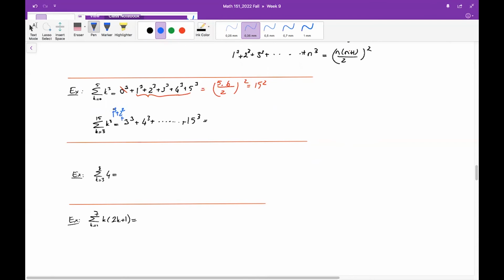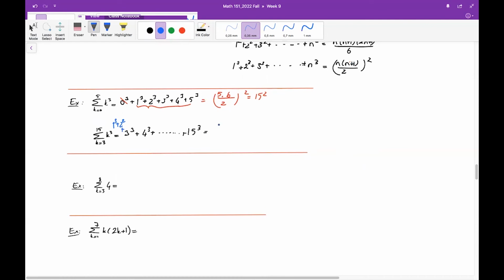If you would have also the first two terms, the formula would work like this. It would be 15 times 16 over 2, squared. But since they are missing now, you need to subtract them from the overall sum. So you can handle it like this.